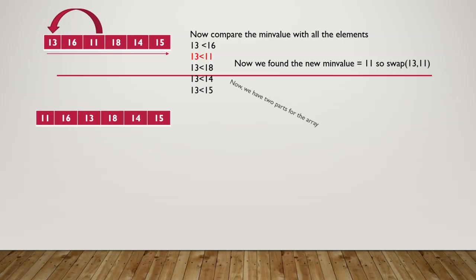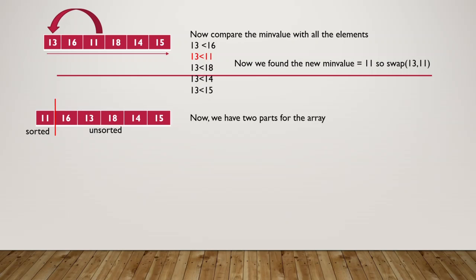Now next, we'll have to divide this array into two parts. The first part is the sorted part and the second part is the unsorted part. The sorted part will never be compared hereafter.